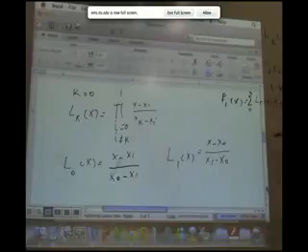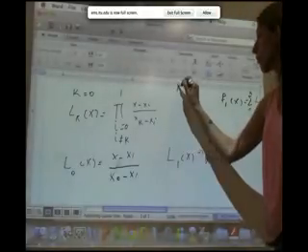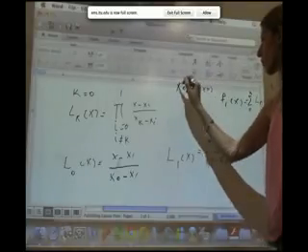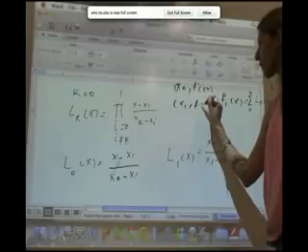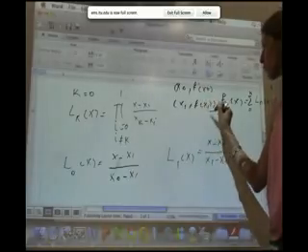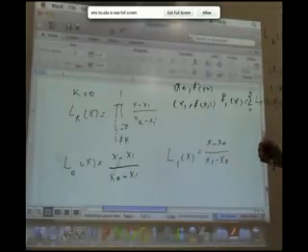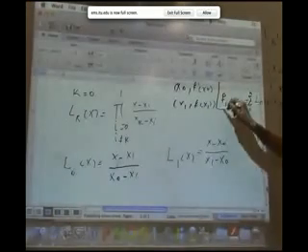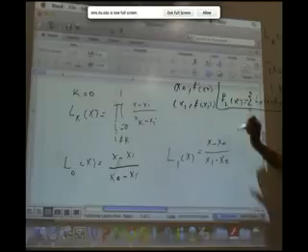For the first term, your data points are x0, f of x0, x1, f of x1. You only have these two data points, right? So for that, I think we should write it as f1 of x.